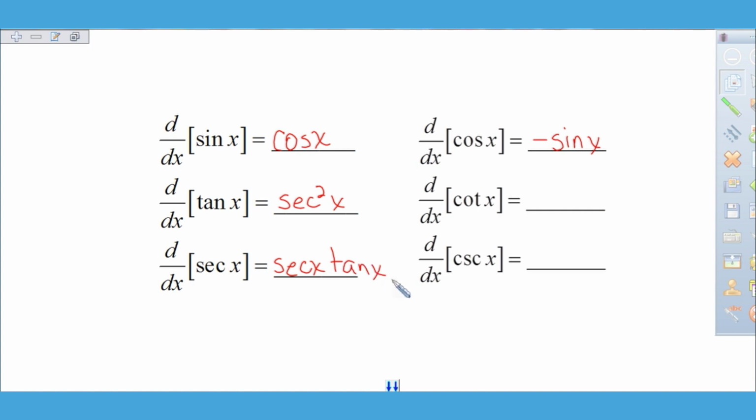I know it's strange. So I just fill in the blanks here for you because you're really just going to have to know these and use these. But what's really cool is that if secant squared is the derivative of tangent, then cosecant squared is the derivative of cotangent. But like cosine had a negative, so does cotangent.